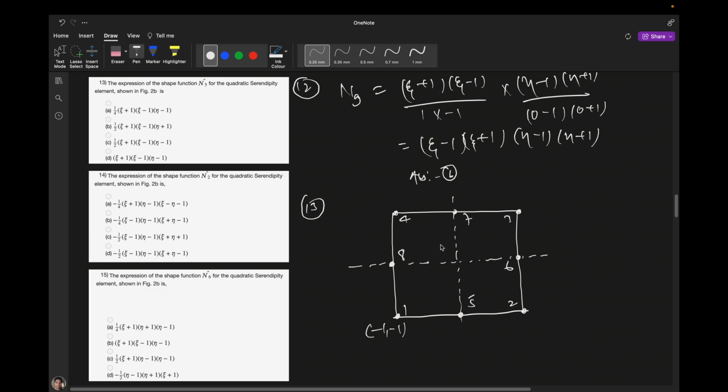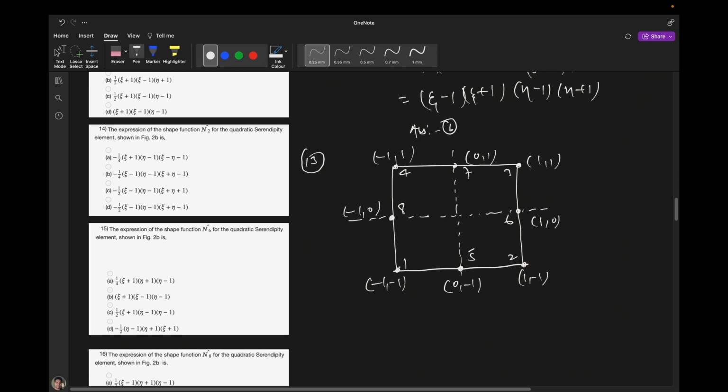There are total 8 nodes only. So 0, -1, 1, -1, 1, 0, 1, 1, 0, 1, -1, 1, -1, 0. Okay.